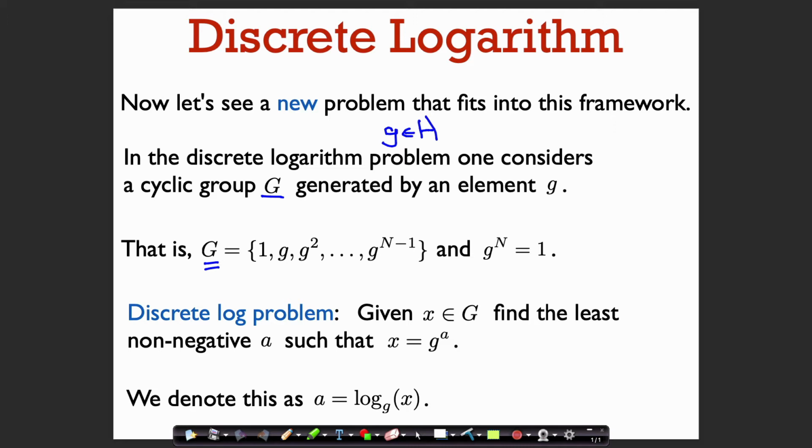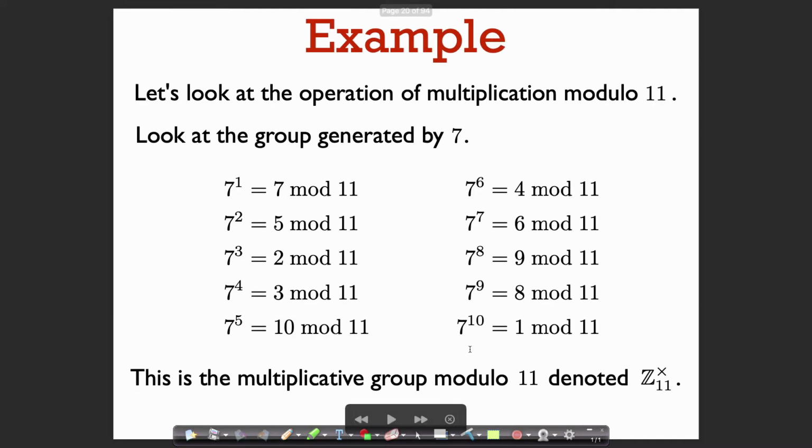And just like you're familiar with logarithms over the real numbers, we're going to denote this power a such that g to the a is equal to x as the log base g of x. Okay, and that is our problem. We're given x, we know little g, and we want to find the log base g of x.